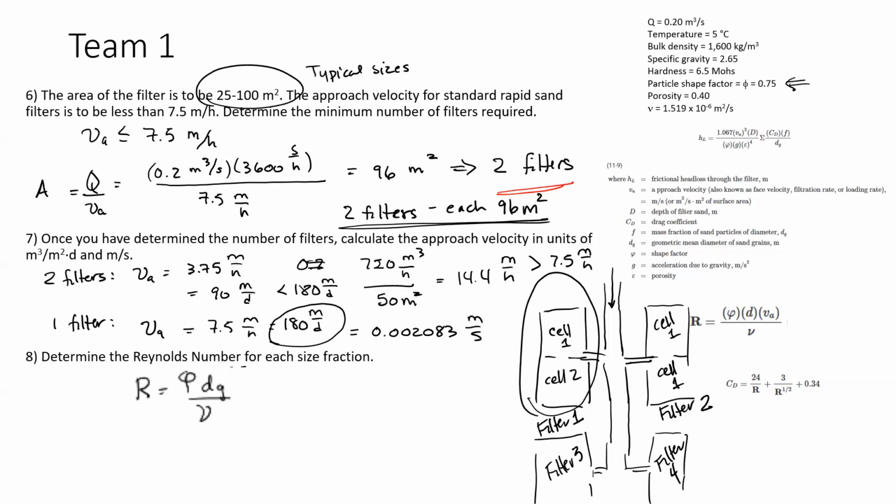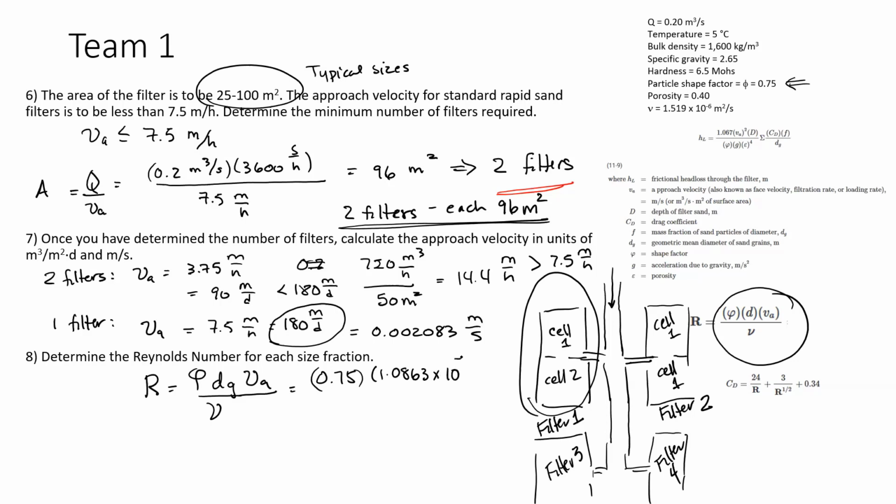The more angular they are, the lower that value. Okay. We've calculated the geometric mean times the approach velocity divided by the kinematic viscosity. So this is equal to 0.75 times 1.0863 times 10 to the minus 3.